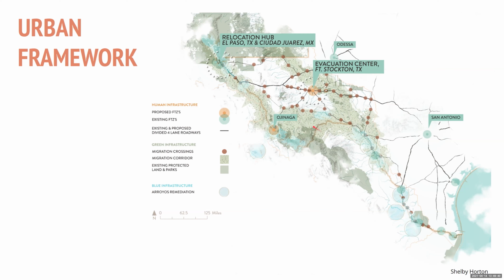We're going to expand the Big Bend National Park region, which is this stippled shading, and then also propose a secondary migration crossing for species migrating from Central America and South America. And then for blue infrastructure to mitigate flooding, there's not a lot of flooding, we'll get into that later, but we're implementing Orioles remediation to infiltrate some polluted runoff and dam break runoff that would occur in this region.